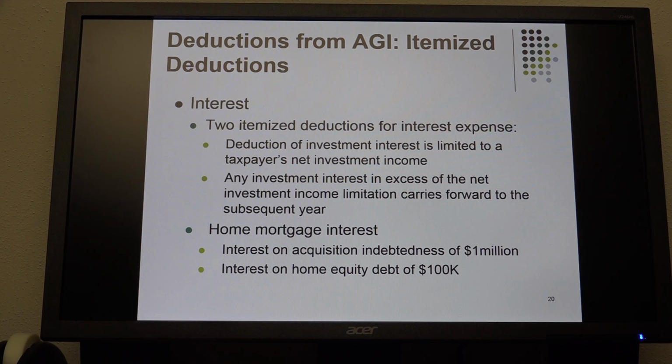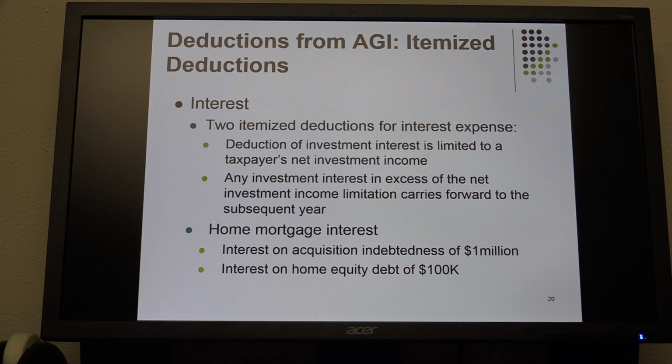Now, note here, this home equity debt. You would think that they would require that the money from the home equity loan be used for repair or improvement to the principal residence, but that's not true.